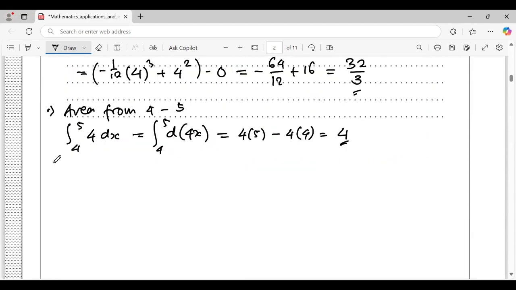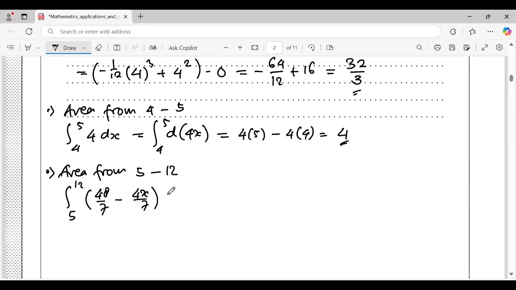And the next area from 5 to 12. The function is 48 over 7 minus 4x over 7 dx, from 5 to 12.